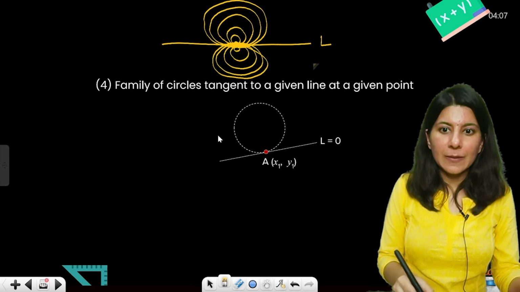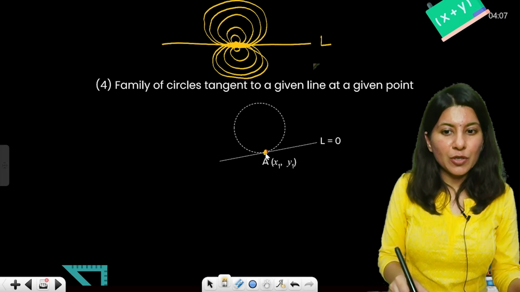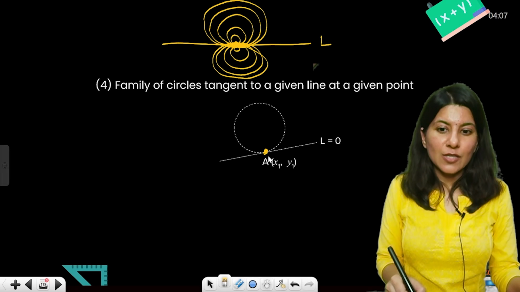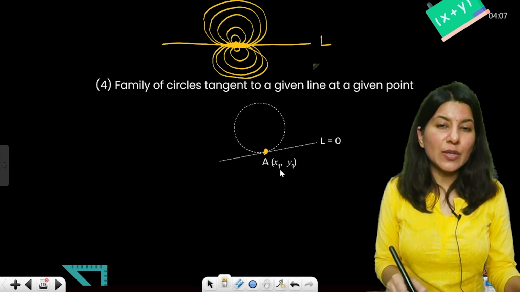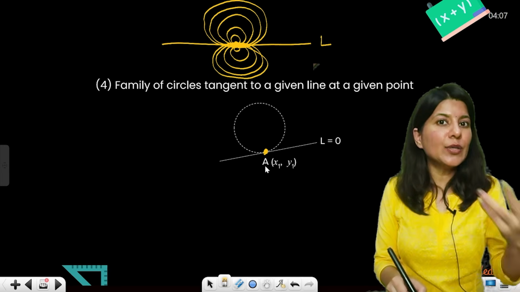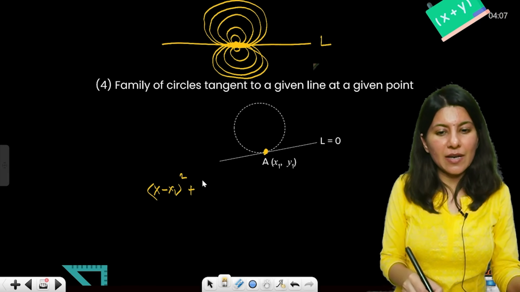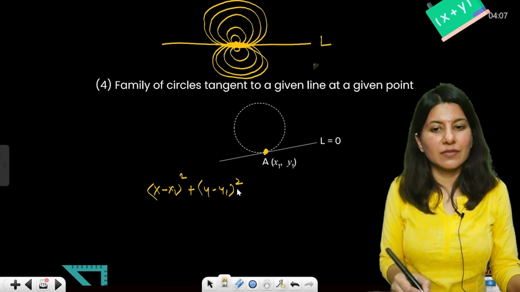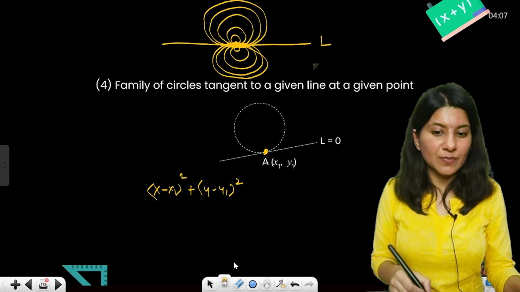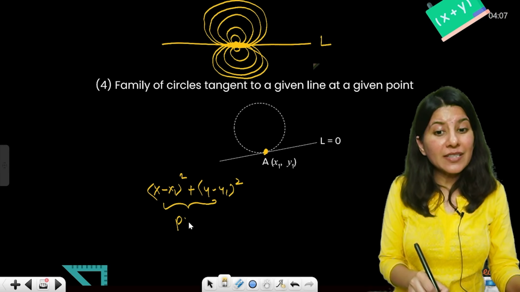So many, right? So what we will do is, x1, y1 is point of tangency, okay? So suppose if I tell x1, y1 is the center of a circle, how will you write? So you will write, ma'am, x minus x1 square plus y minus y1 square. But radius we don't know. So here we have to write the equation of point circle.